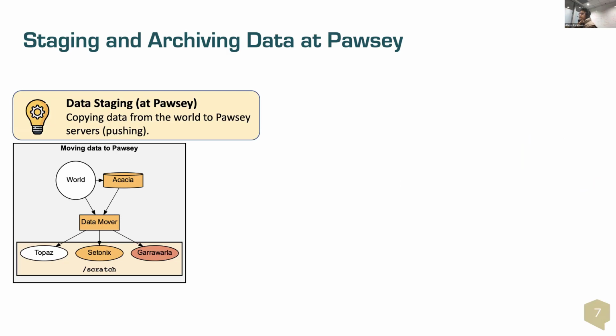These are the technical words we are using for moving data. To put data on Scratch we call staging, and archiving is to retrieve data towards your own institution or your own workstation.